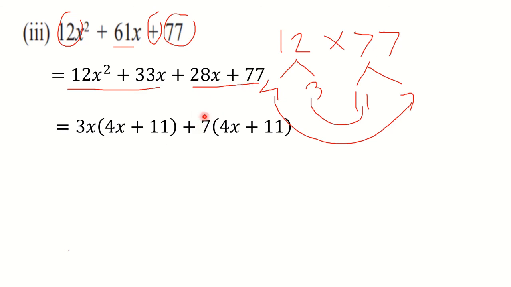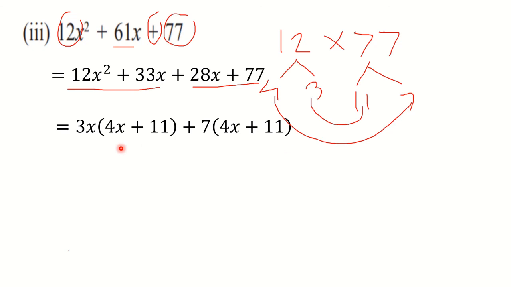From here, plus 7 is taken out common. 7 4s are 28, so 4x, plus 7 into 11 is 77, so 11 is written. What you have to keep in mind is that this bracket and this bracket are always the same. So once you get this bracket, without thinking much, you can write down this bracket also as the same.